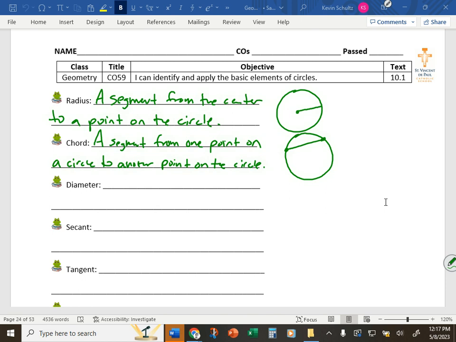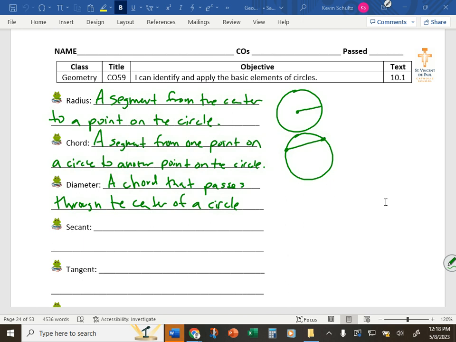The diameter is a chord that specifically what? Passes through the center. Okay. The diameter is a chord that passes through the center of a circle.